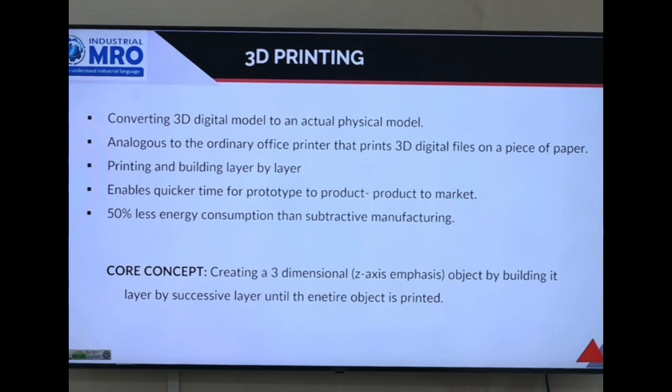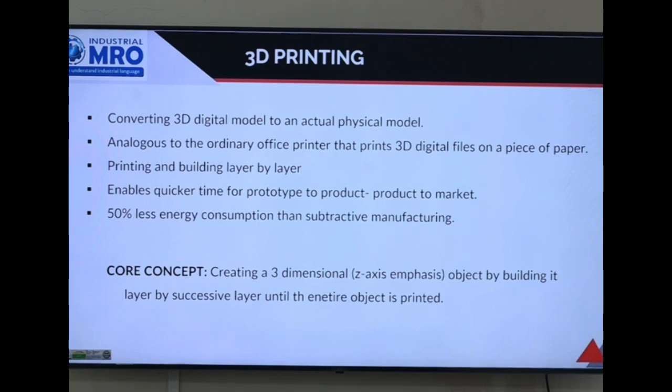Basically, 3D printing is building the part layer by layer in the z-axis direction. The x and y plane is the bed where the layers are created, and in the z-axis direction the height of the part is created.